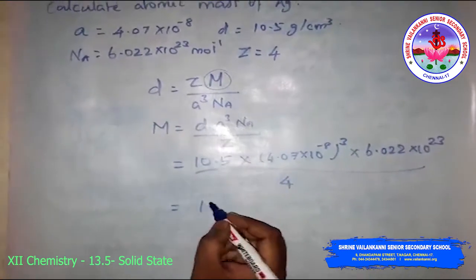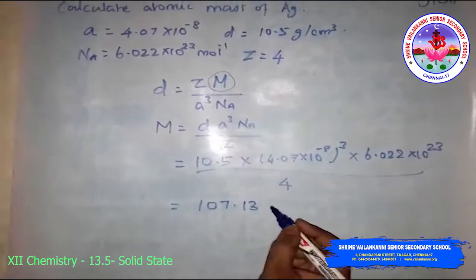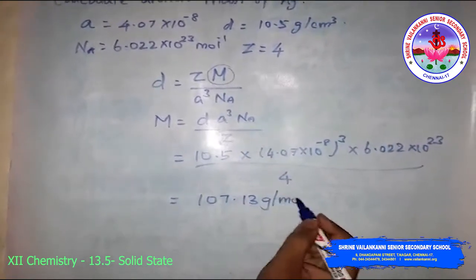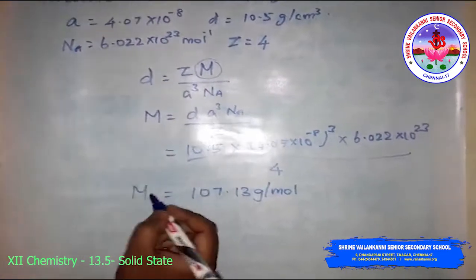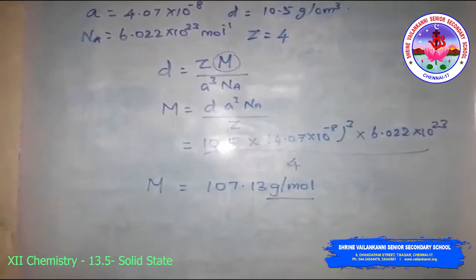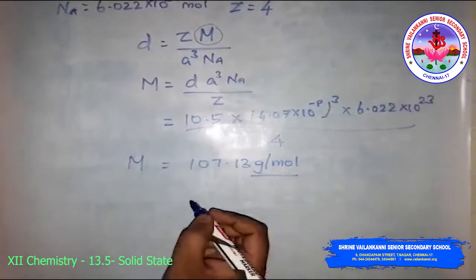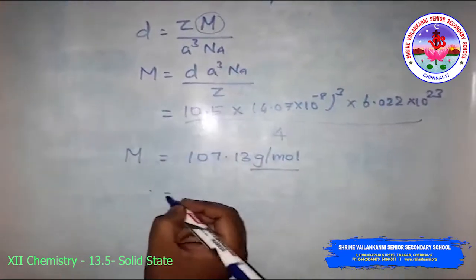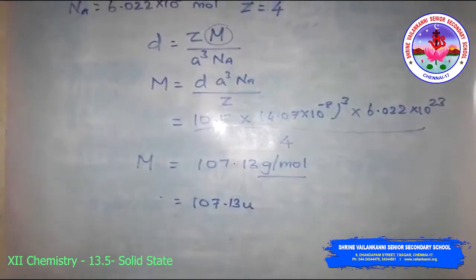The value is 107.13 gram per mole, because the unit is, here, atomic mass of silver, so the unit is gram per mole. So the atomic mass of silver is 107.13 U. You can write it like this.